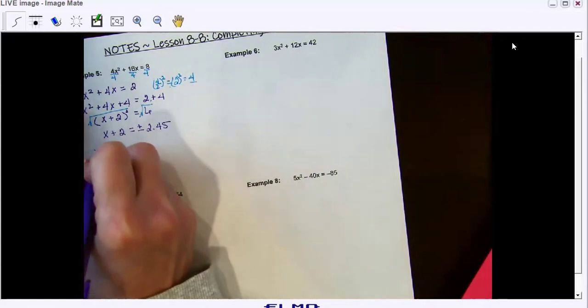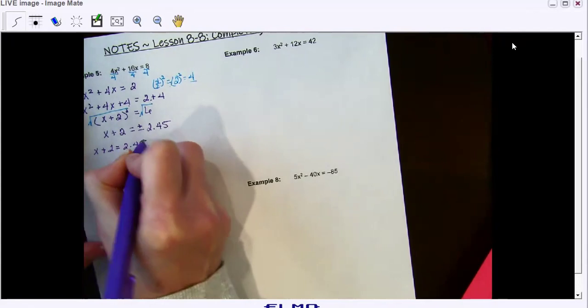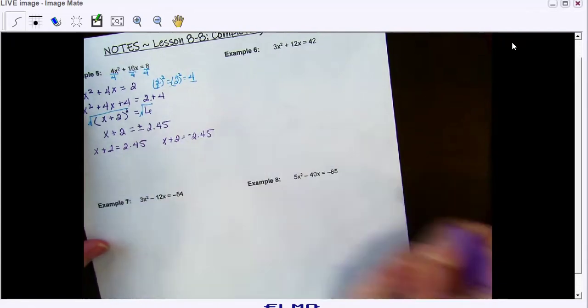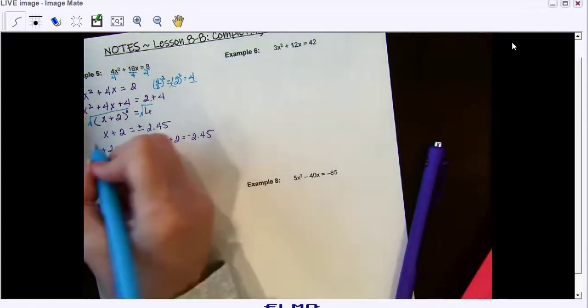We have x plus 2 equals 2.45, and x plus 2 equals negative 2.45. Okay. So let's go ahead and solve this.